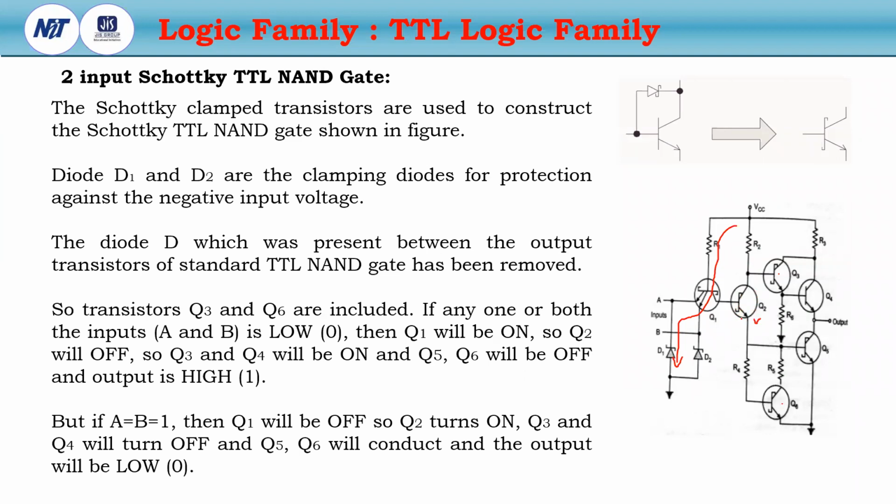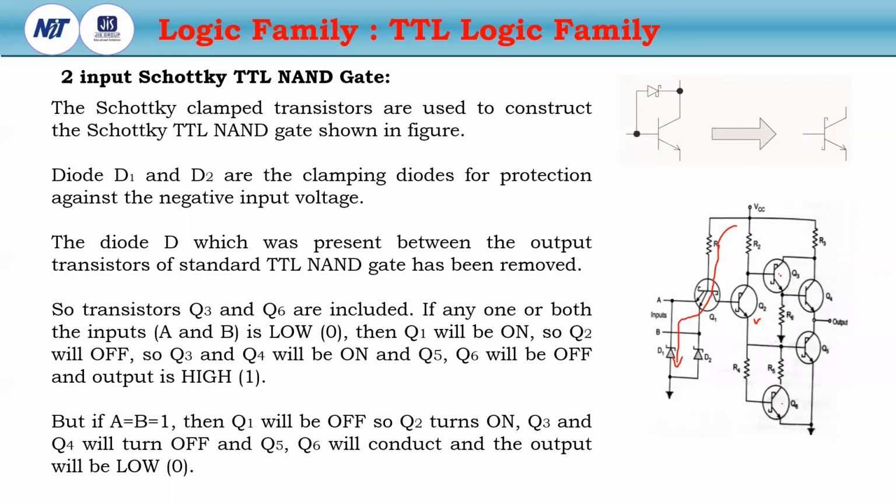If Q2 is turned off, then no current will be produced through R2. So at the base of Q3, the voltage will be VCC, which will drive the transistor Q3 as well as Q4. As Q3 and Q4 will be on and Q5 and Q6 will be off due to Q2 being off, the output will be logic high.